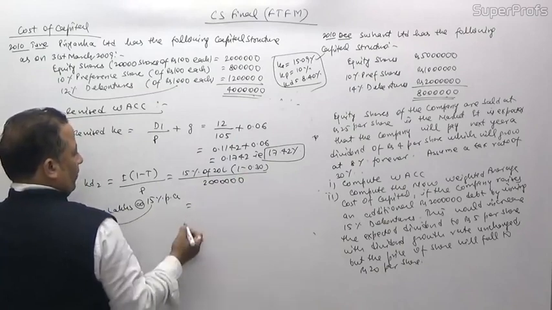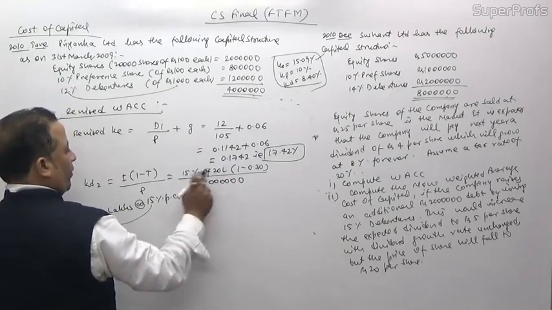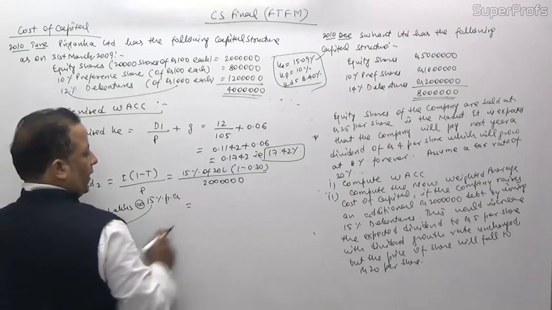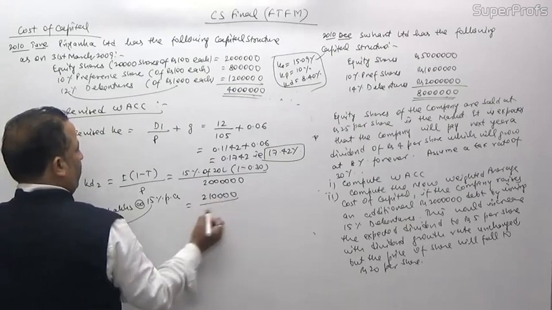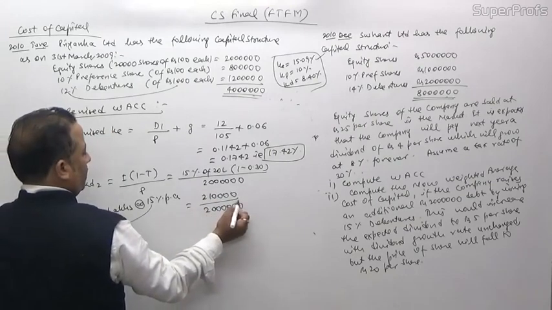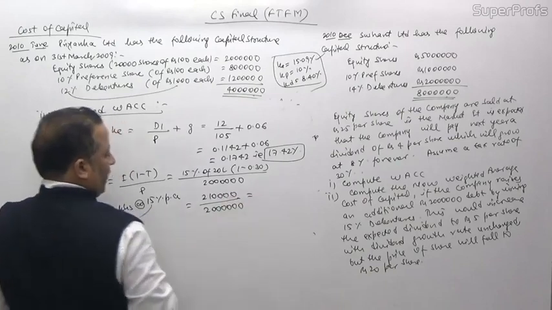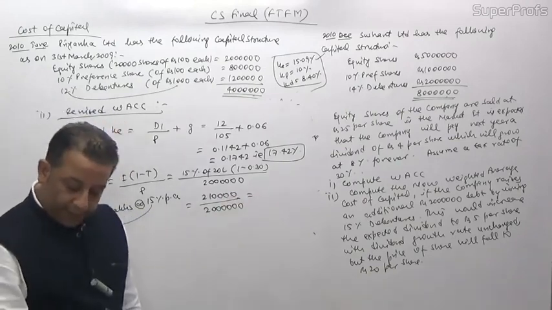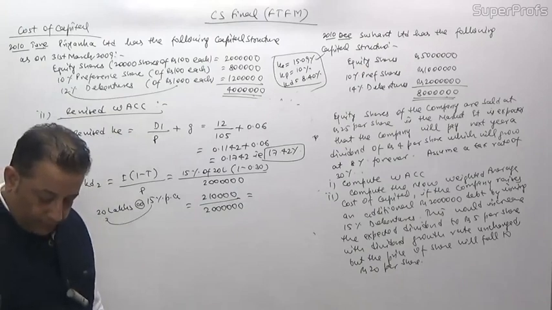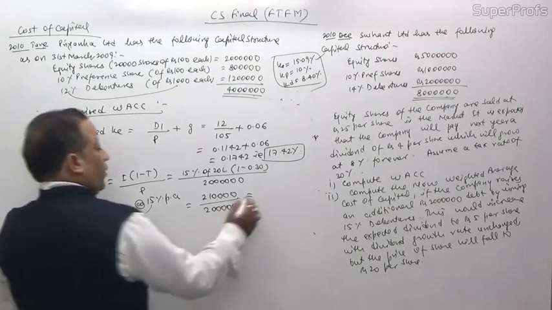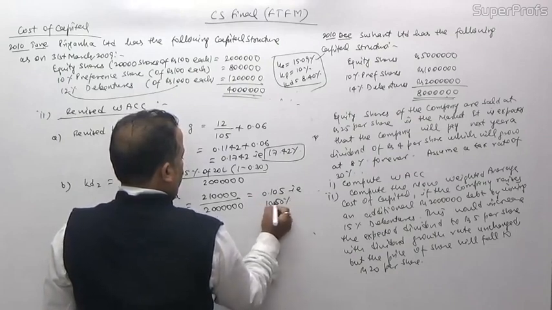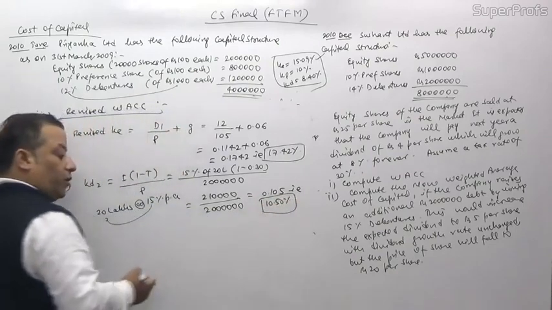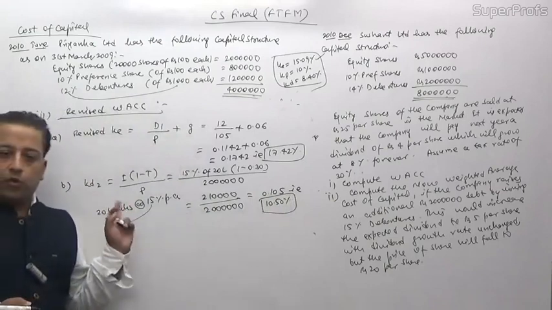So 3 lakh into 0.7 is 2 lakh 10,000, divided by 20 lakh is 0.105, that is 10.50%.